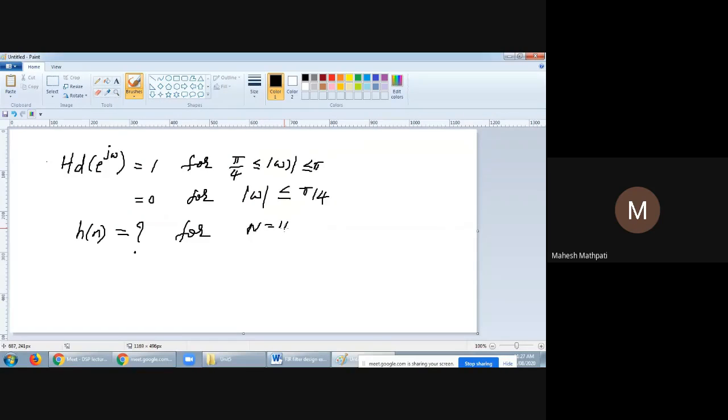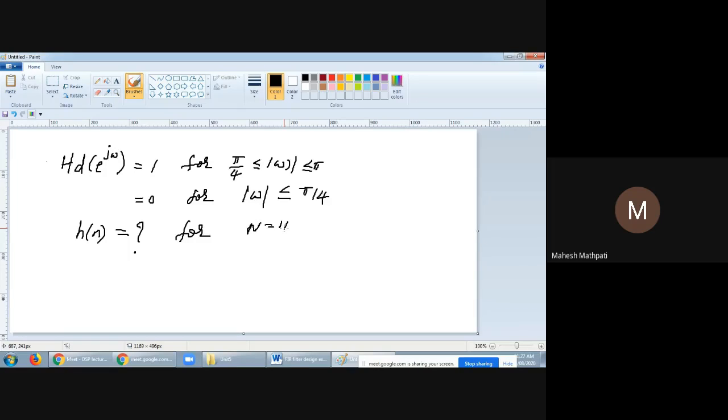Find h of z. Plot the magnitude response.